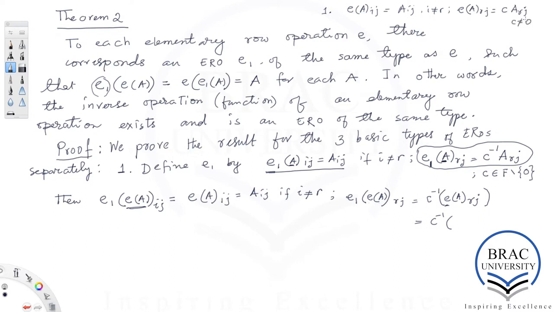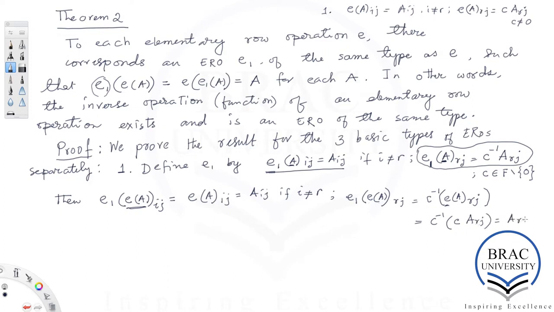So using that definition of the first type of elementary row operation, we are writing it like this: E of A Rj is equal to C times Arj.